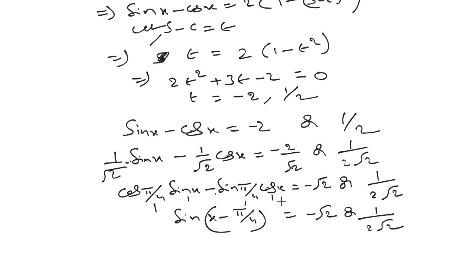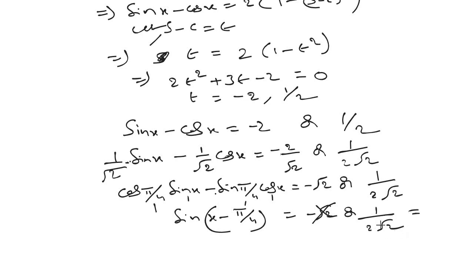So whenever sin x minus cos x is negative 2, then sin of x minus pi by 4 is negative root 2. Sin being negative root 2 is impossible. Why? Because it is less than minus 1. So negative root 2 does not belong to the closed interval minus 1 to 1. That's why we neglect negative root 2. We have to consider only 1 divided by 2 root 2.